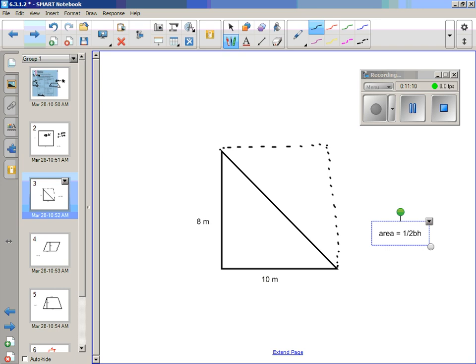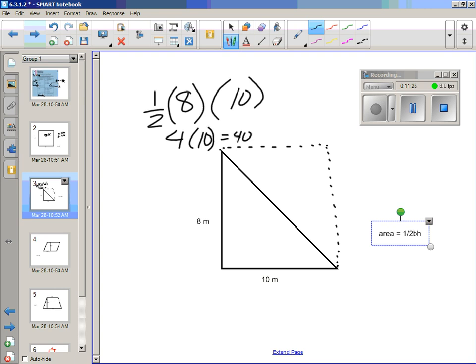Now, we have to keep in mind that multiplication is commutative. I can take 1/2 of 8. What's 1/2 of 8? 4. And take 4 and multiply that by 10. So 4 times 10 is 40. Or I could take 1/2 of 10, because it doesn't matter the order.